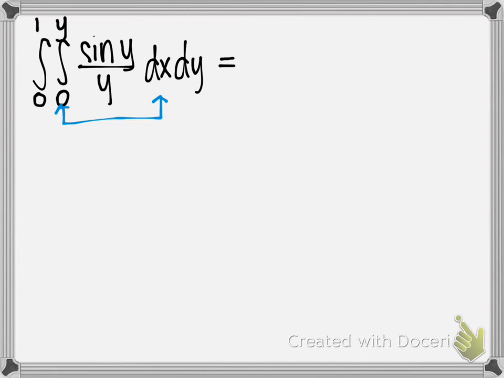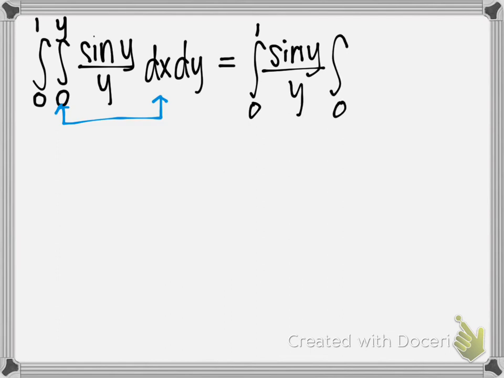Our inside integral, we're integrating with respect to x now, and so we are thinking of y as a constant. So we can think of this whole sine of y over y term as just a constant, and we can pull it out front of that integral. So I have sine y over y, and now I'm just integrating 0 to y dx, and I'll still have dy for my outside integral.